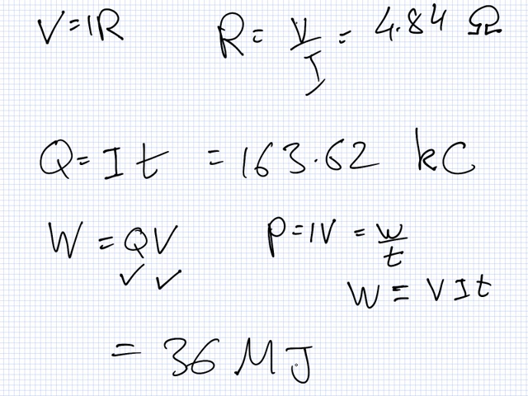In Ireland, you pay per 3.6 megajoules. So for your electricity company, what they call 1 unit of energy is 3.6 megajoules. So this oven has used how much energy for the electrical company? Well, it's used 10 units.